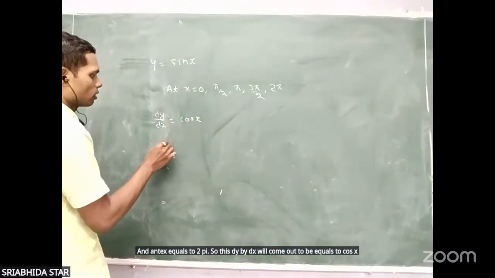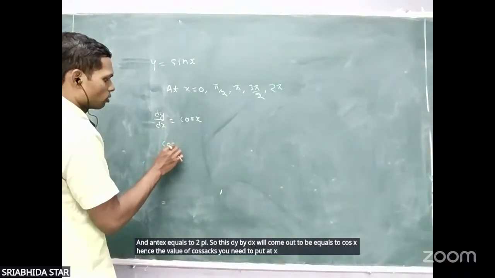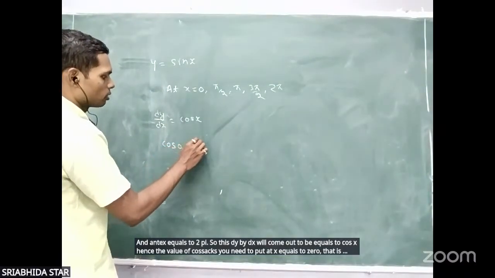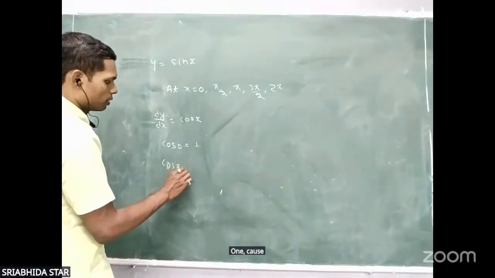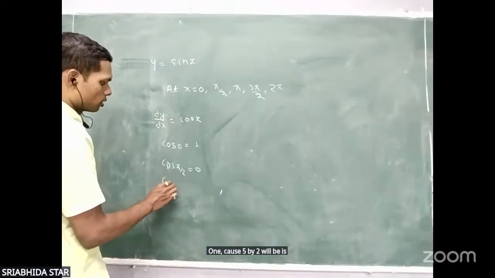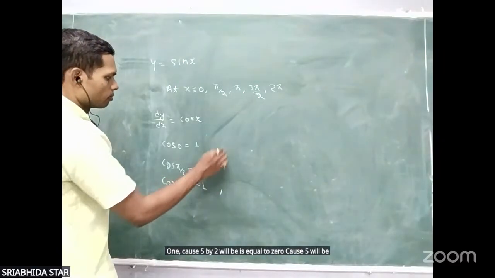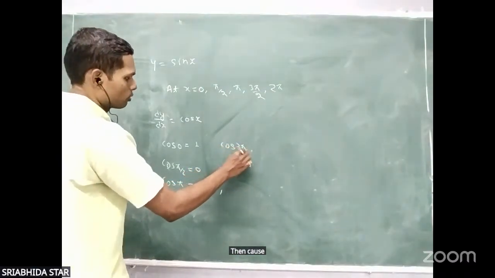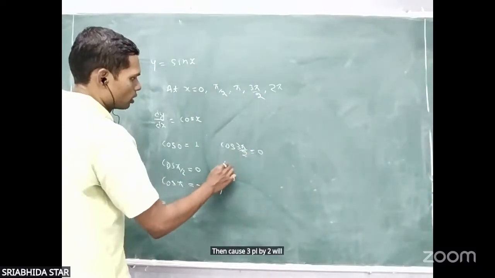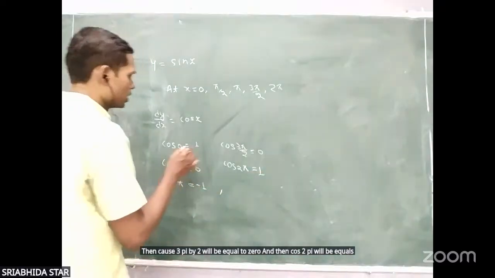Hence, you need to put the values of x into cos x: cos 0 will be equal to 1, cos pi by 2 will be equal to 0, cos pi will be equal to -1, then cos 3 pi by 2 will be equal to 0, and then cos 2 pi will be equal to 1. So these are the slope values.